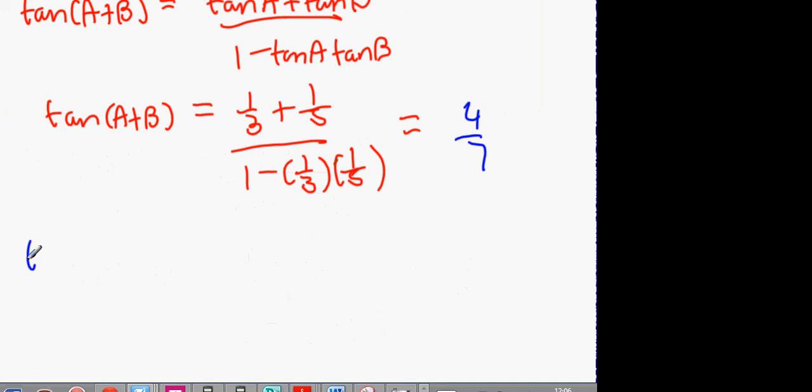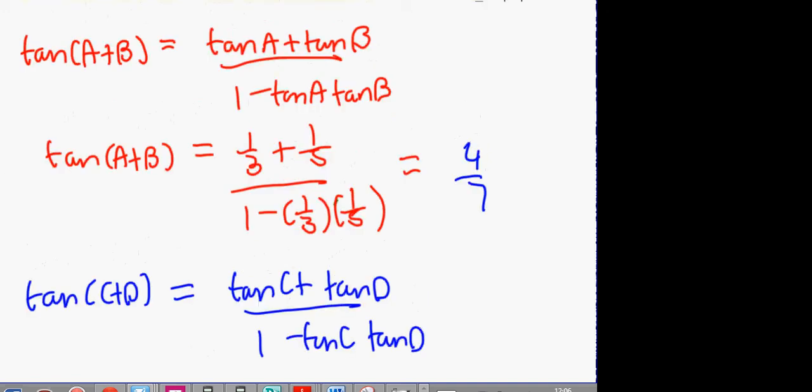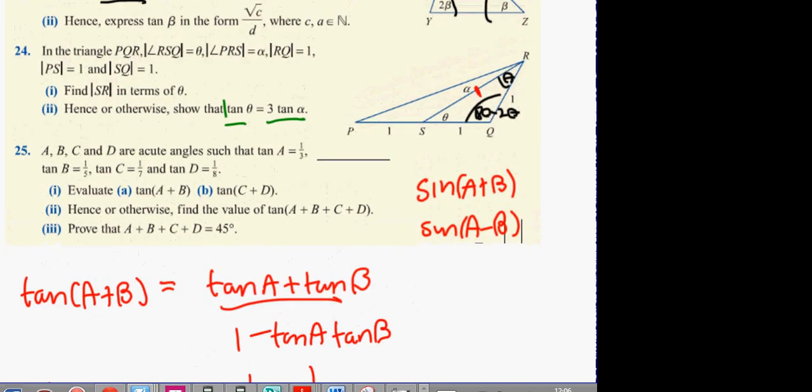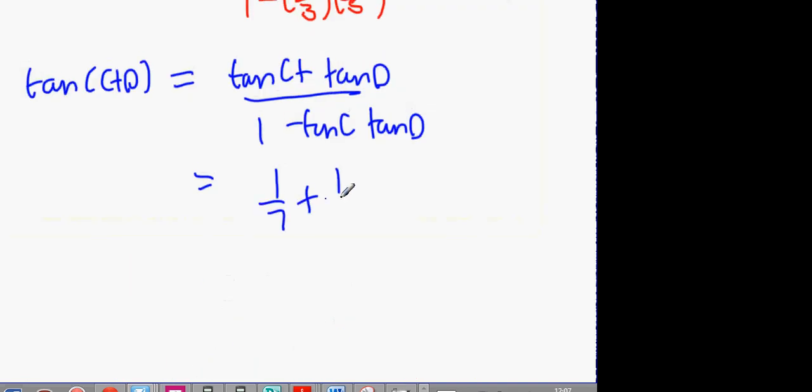Now, lads, we're going to do tan C plus D the same way. Tan C plus D is going to be tan C plus tan D all over 1 minus tan C tan D. Can somebody put that into the calculator please? It's going to be a seventh plus an eighth over 1 minus a seventh times an eighth.